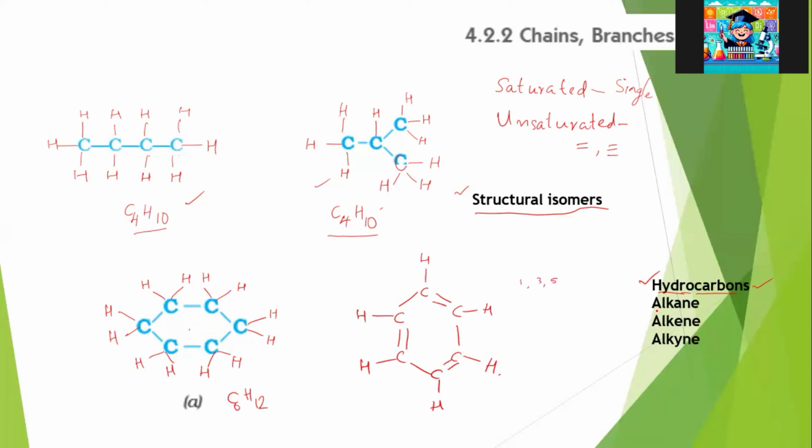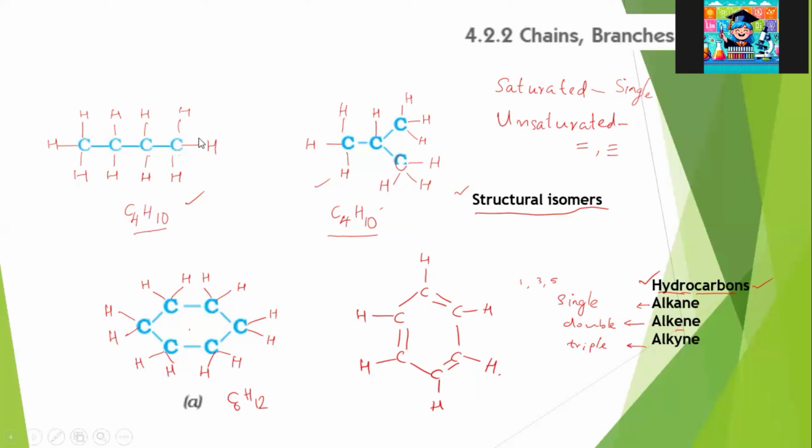For hydrocarbons, if it is completely saturated, with no multiple bonds, only single bonds, they are called alkanes. And if there are one or more double bonds, then that compound is known as an alkene. And if there are one or more triple bonds between the carbons, that compound is known as an alkyne.